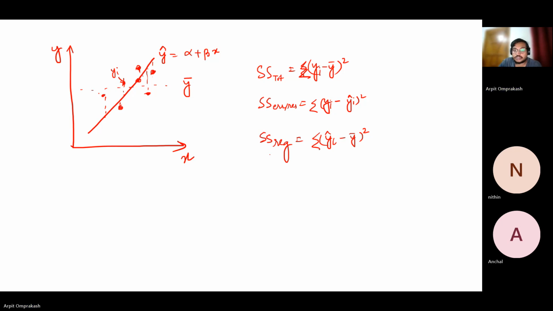So if we have only y, we can describe y as the mean of y. But if we have x and y, and we want to describe y in terms of x, what we'll do is try to write an equation like this, alpha plus beta x, or something like that. So we get a y hat, right? Now, what we are trying to see in this sum square is basically how different is our prediction from the mean.